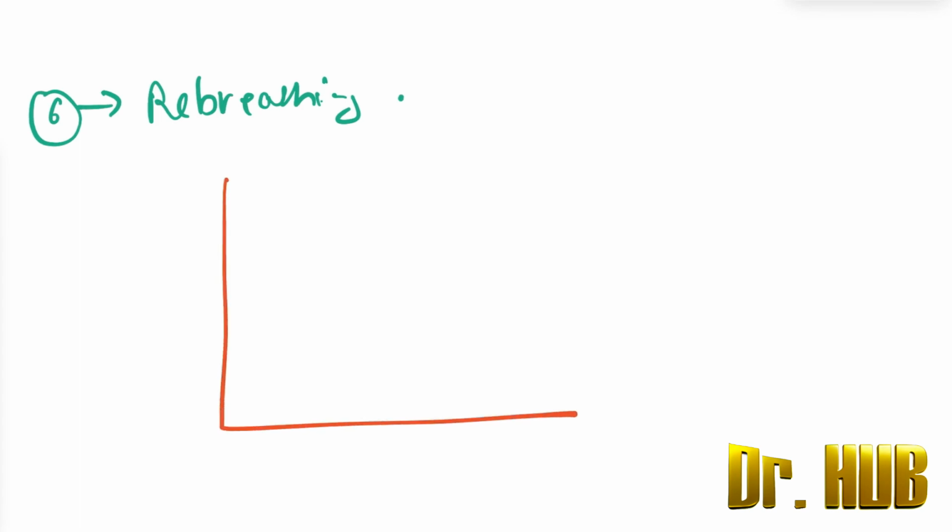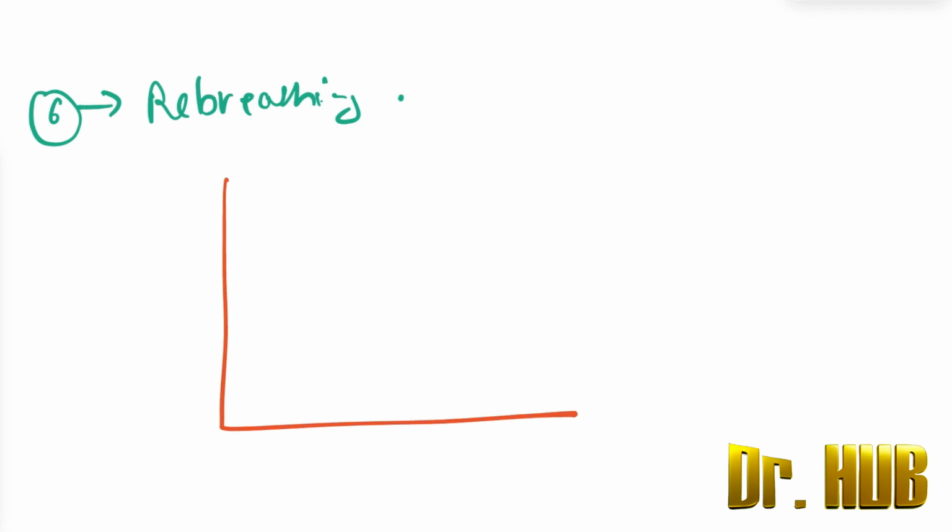Next we'll move on to rebreathing. This will be the sixth one. Rebreathing is very easy to identify. As we discussed, the x-axis is time and the y-axis is the expired CO2.